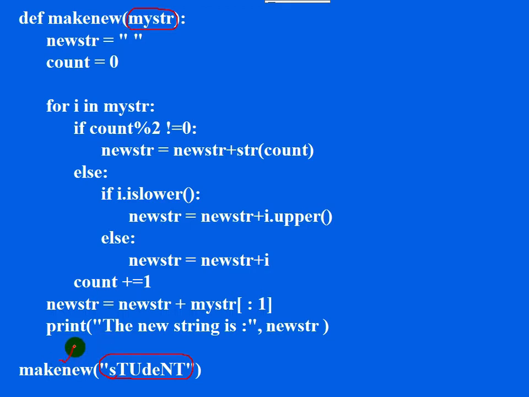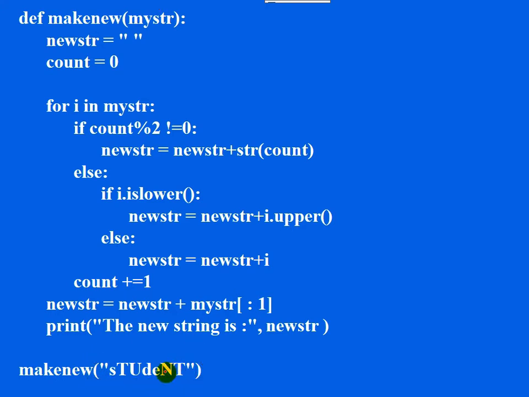While calling the function, if you pass a quantity, it is known by the name argument. While defining the function, if you make use of a variable, that is known by the name parameter. So this first argument is passed to first parameter, which means variable mystr points to this string.